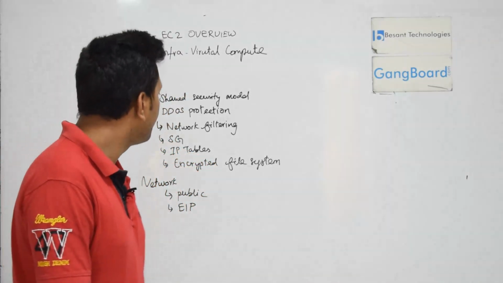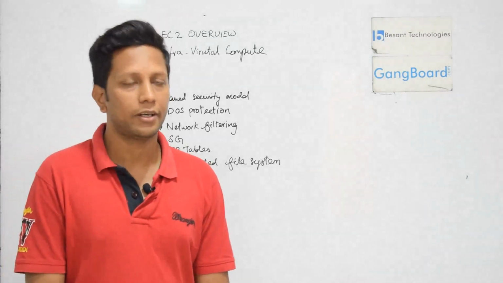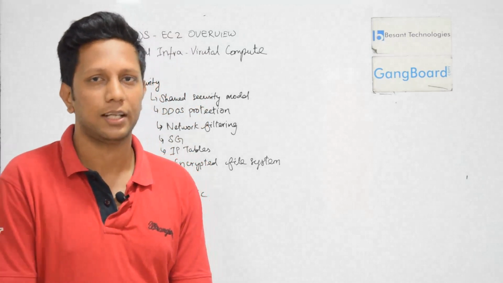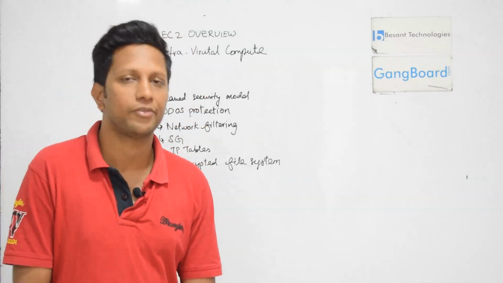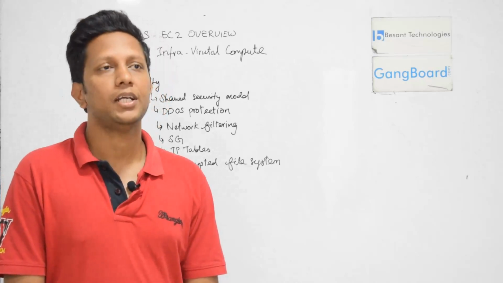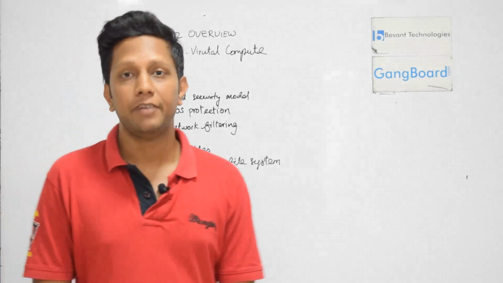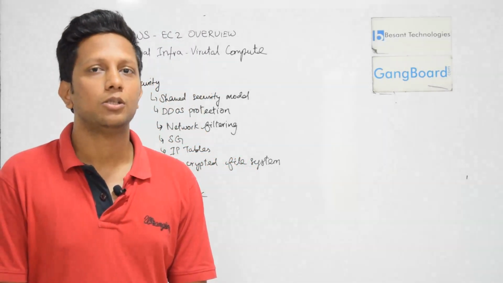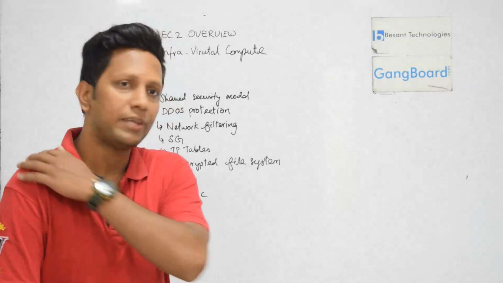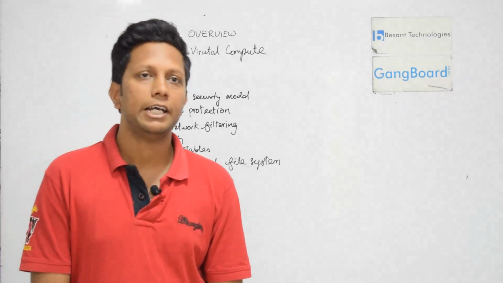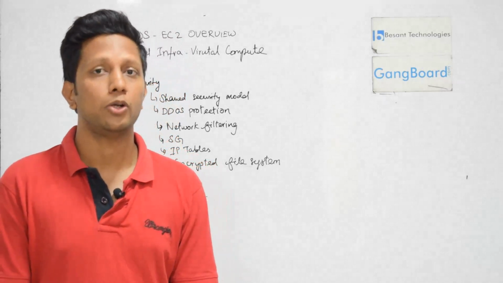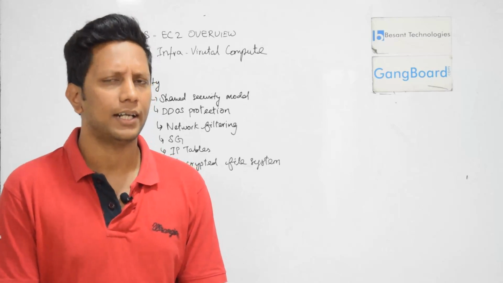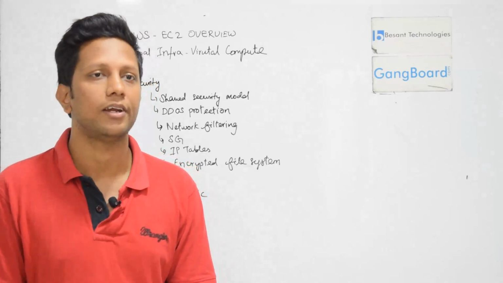When we deal with the networking concept, by default, if you set up an EC2 instance, like some sample EC2 instance, it always prefers the public IP. It's a dynamic one. Every time you restart your EC2 instance, the IP will change. That is the default one. If you want to make it private, all you have to do is configure a VPC and a private subnet, which has to be assigned whenever you set up an EC2 instance.